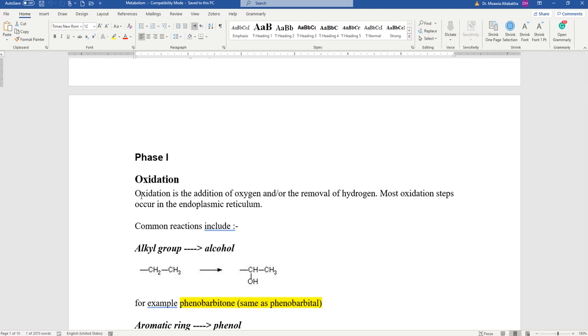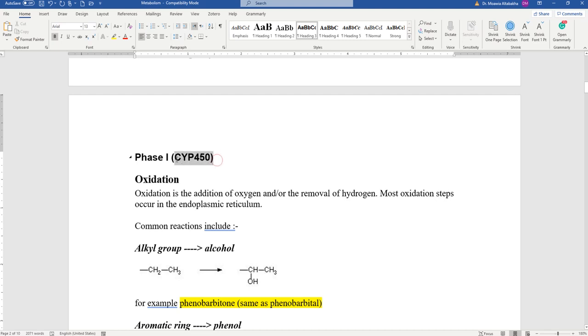Sometimes they just give it the abbreviation CYP450. Okay, this is the main enzyme system in the liver for phase 1 reactions, and mainly they carry out oxidation, but they can also carry out other types of reaction.